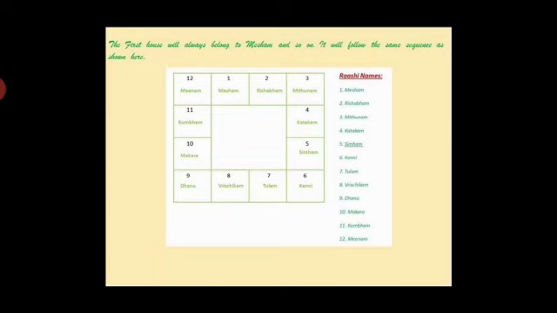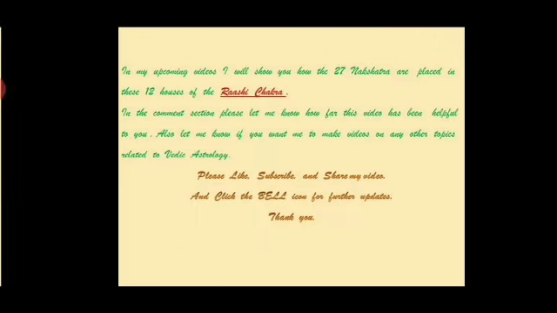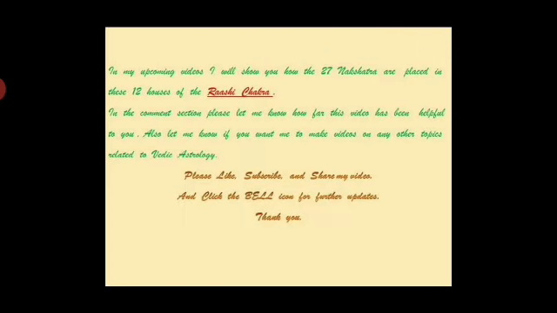The first house will always belong to Mesham and so on. It will follow the same sequence as shown here. In my upcoming videos, I will show you how the 27 nakshatra are placed in these 12 houses of the Rashi Chakra.